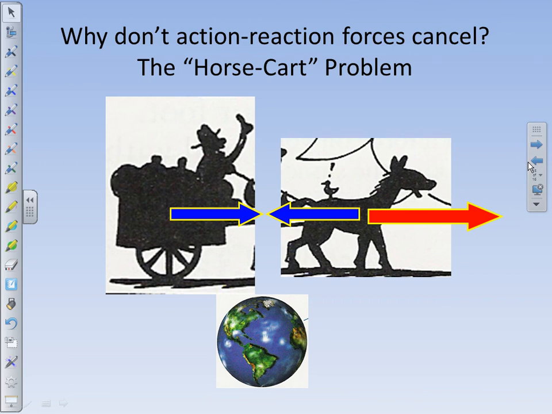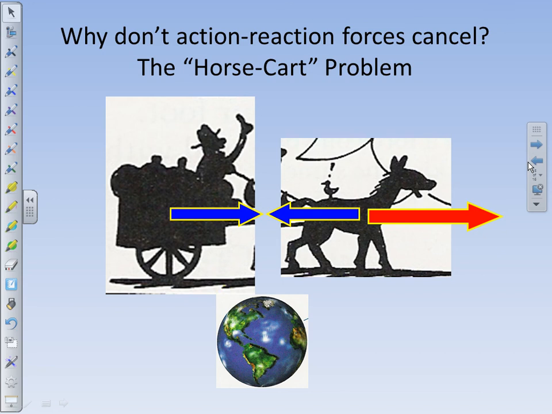So, in order for the horse to walk, right, he has to experience a force forward. But in order for the horse to experience a force forward, what does he first have to do? Not experience a force backwards.